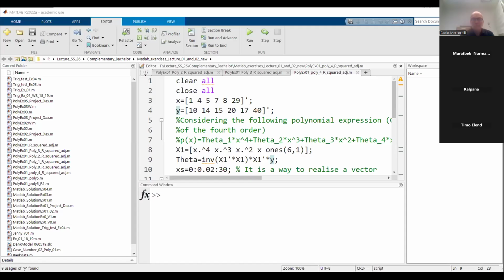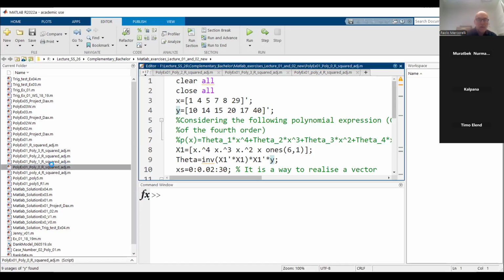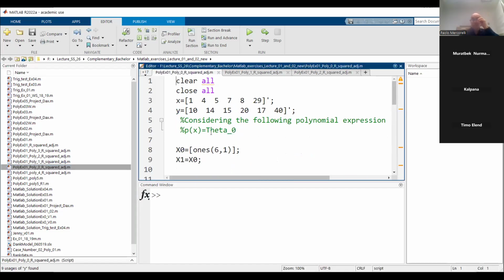This was a little bit of a repetition. If you consider, for instance, in my study, starting from polynomial zero, look here.